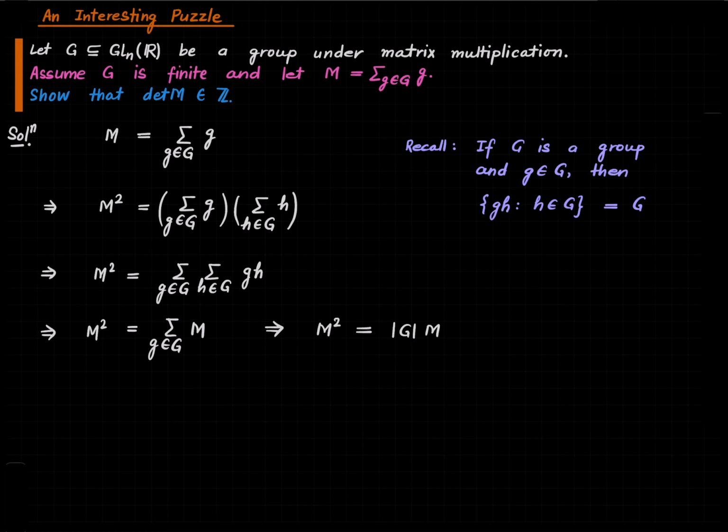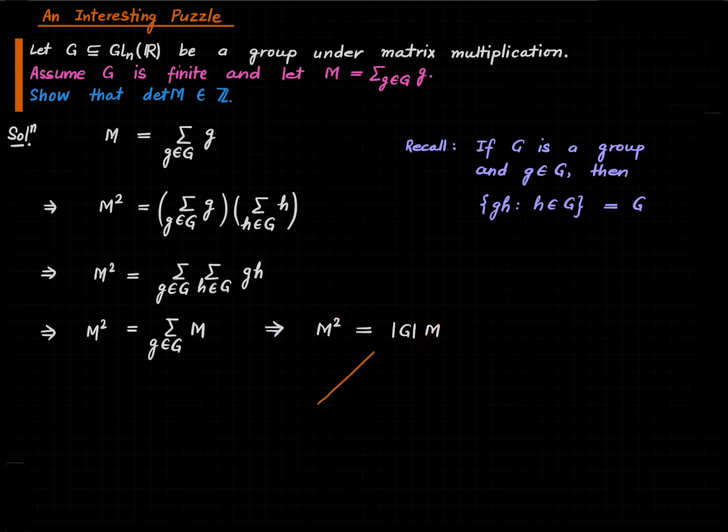And now, well, I'm also confused. Does this show that M is |G| times identity? Because you can just, no, you can't. So if we knew that M were invertible, then we could just cancel M from both sides and say that M is |G| times identity, and we would be done. So we have to make two cases.